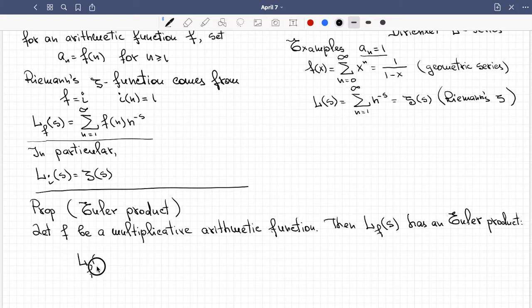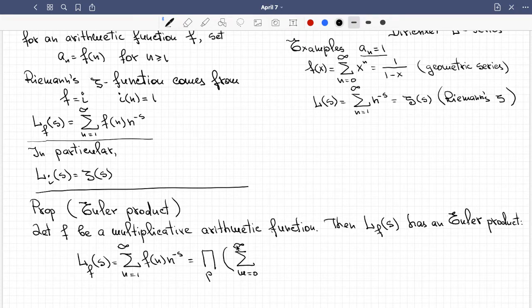L f of s, which is defined as the sum of f of n to the negative s, is equal to the product over primes p of the sum from m equals 0 to infinity of f of p to the power m, p to the power negative ms. The expression on the right, which is called a product over primes, is called the Euler product.